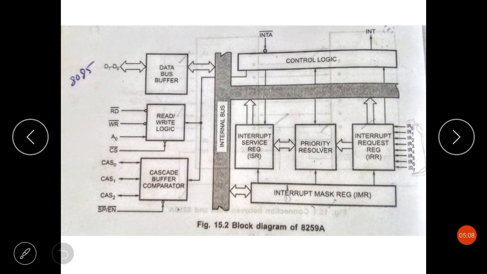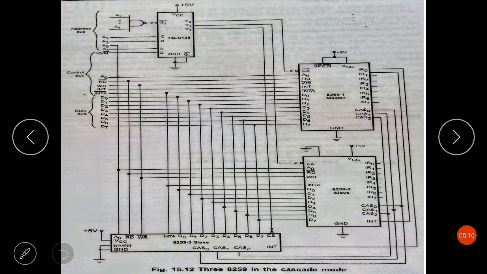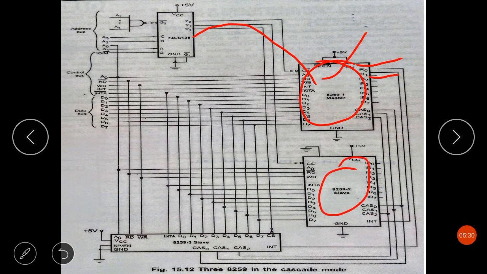Let me show you. This is the master 8259 programmable interrupt controller, which is actually connected to the 8085 microprocessor, and to this master 8259, at each of the interrupt inputs IR0 to IR7, the individual 8259s are connected.